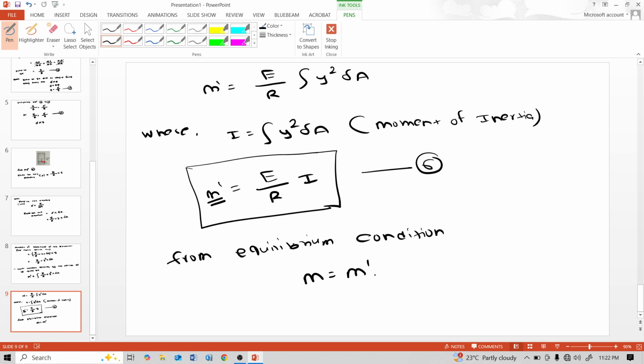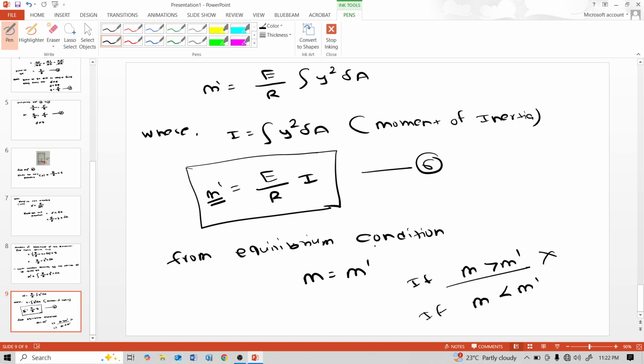Why for equilibrium is this moment equal to the moment of resistance? Because if the moment of resistance is less than the moment, then the section is unsafe. And if the moment of resistance is greater than the moment, then the section is safe, but it may not be economical.